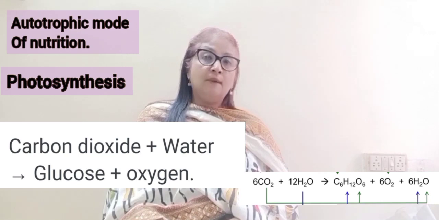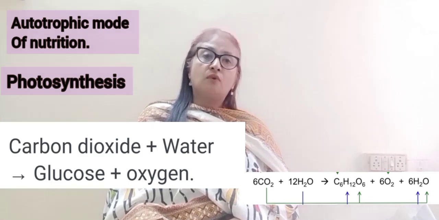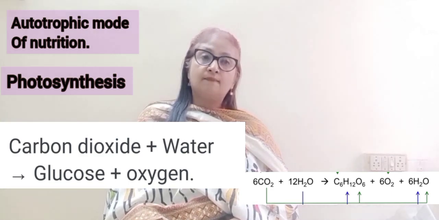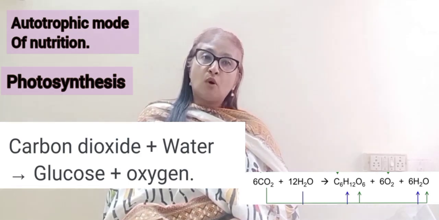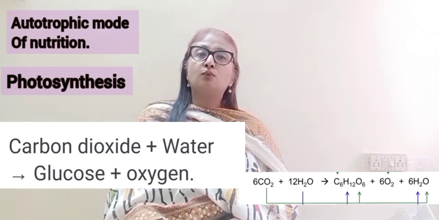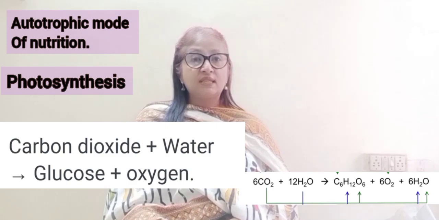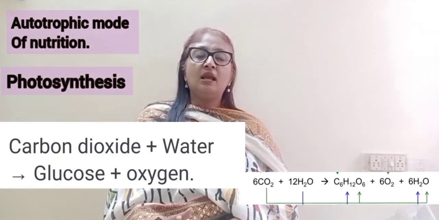Or else we can say 6 CO2 plus 12 H2O in presence of chlorophyll and sunlight gives 1 molecule of C6H12O6 plus 6 molecules of O2 plus 6 molecules of H2O. So this is the chemical equation, and that too it is the balanced chemical equation.